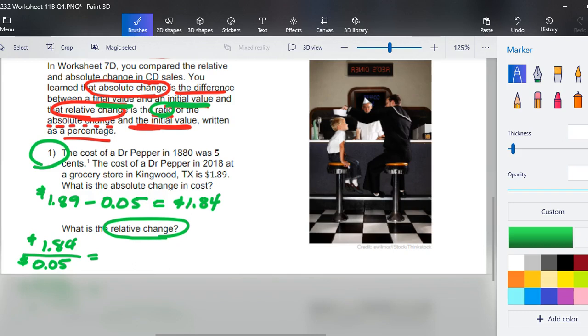So $1.84 divided by 0.05 gives a decimal value, which we write as a percentage: 3,680%. I think the price has increased a bit.